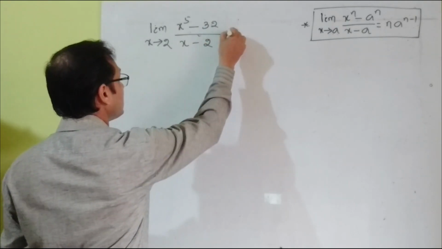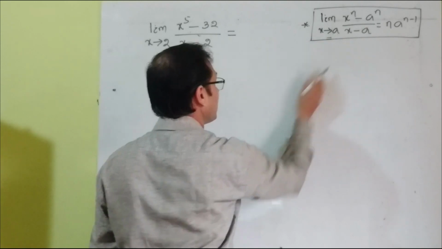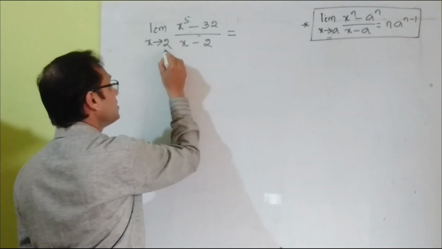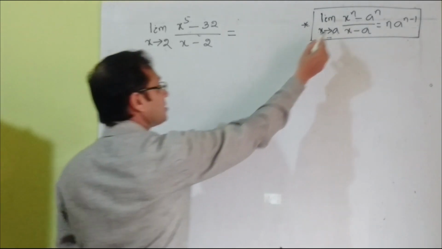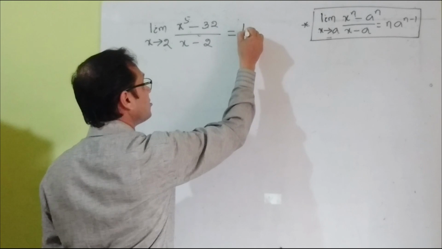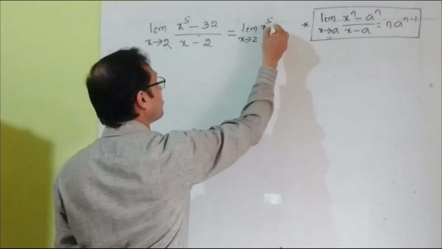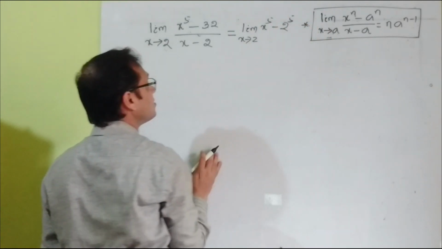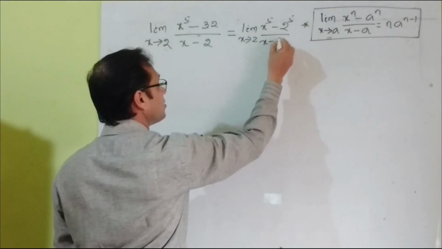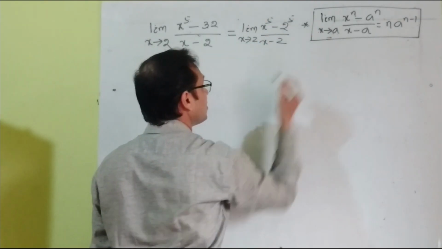You see, this one is totally in the form of this standard formula. Here limit x tends to 2, that means a is 2, x to the power n, here x to power 5. 32 means what? Limit x tends to 2 (x to the power 5 minus 2 to power 5) by (x minus 2), isn't it? 32 can be written as 2 to power 5. Okay, so totally this one is in the form of the standard formula.